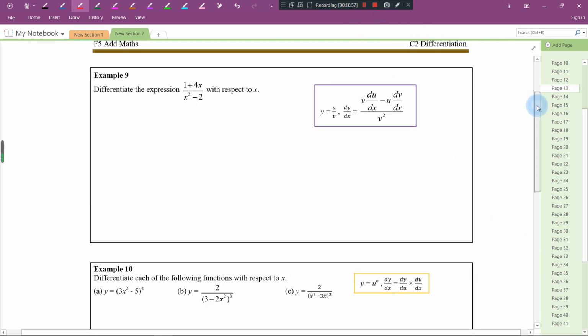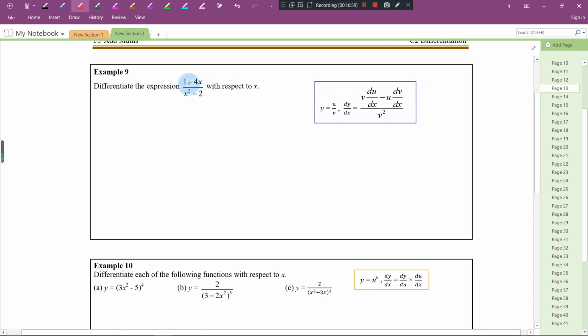Okay, now let's look at this example. This is what I mentioned just now, u over v. Let y equal to 1 plus 4x over x squared minus 2. We want to find the first derivative, differentiate this with respect to x. Okay, you cannot do it this way.